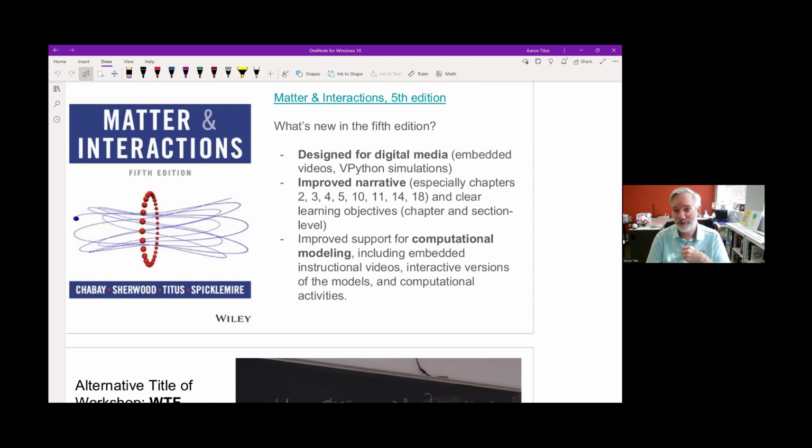Yes, there will be a print version, mostly for instructors, but it has embedded videos, it has embedded VPython simulations that are interactive, and it has computational tutorials with Ruth Chabay walking through writing the computational models in various chapters where computation is infused into the chapter.